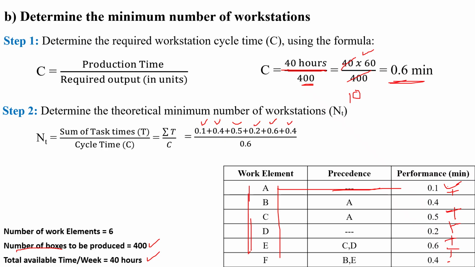Cycle time is 0.6 minutes. So it will become 2.2 divided by 0.6, which is equal to 3.67. We have to round up the number, so the value is 4. So the minimum number of workstations is 4.